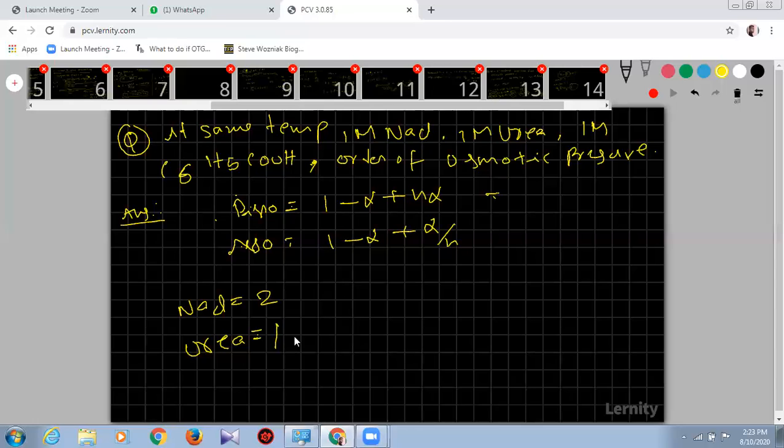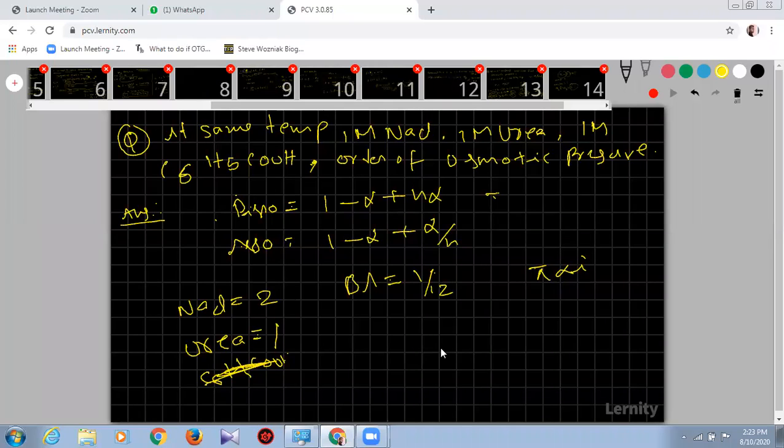Now benzoic acid will get associated. That's why 1 minus alpha plus alpha by n. What is alpha? Dimer means 1 by 2 here. So benzoic acid, C6H5COOH, the i value is 1 by 2. Now pi is directly proportional to i. So which has the more i value? Sodium chloride.